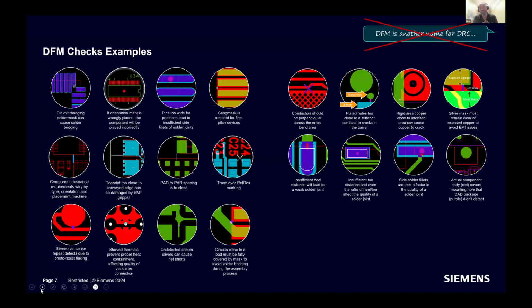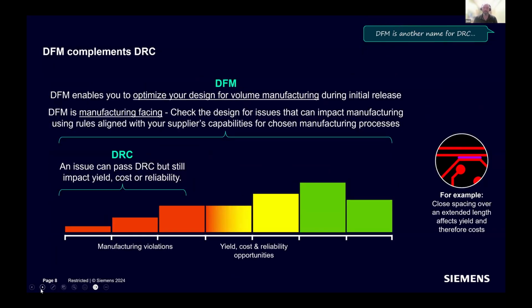So, and this is really not DRC. So why is it not DRC? Because DRC really does not go into the manufacturing process. DFM looks at the manufacturing process. DRC will, first of all, give you kind of right violations. DFM also goes into this yellow zone, which means you're pretty close to the threshold.